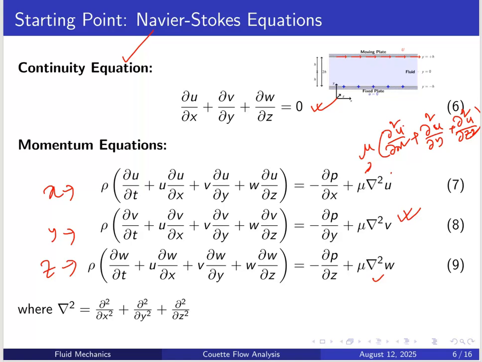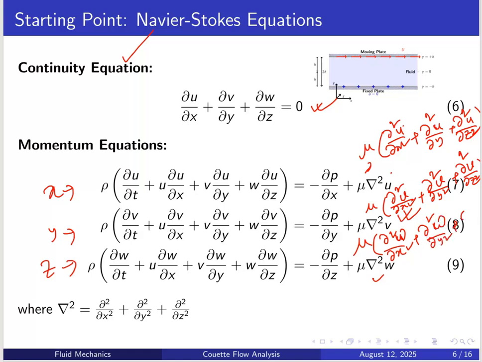So you can write here mu into dou square v by dou x square plus dou square v by dou y square plus dou square v by dou z square. Similarly here mu into dou square w by dou x square plus dou square w by dou y square plus dou square w by dou z square.